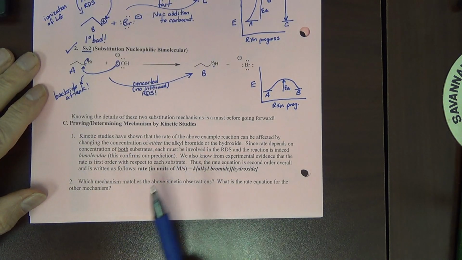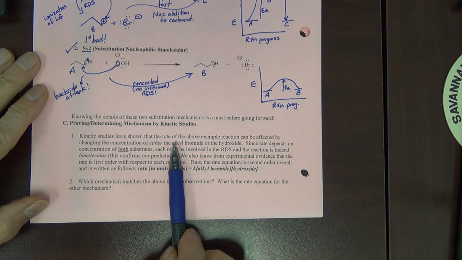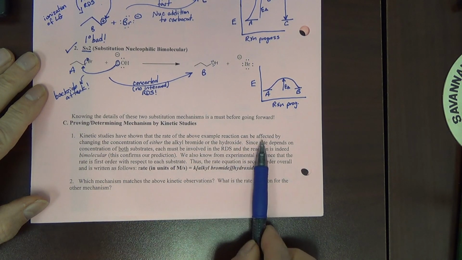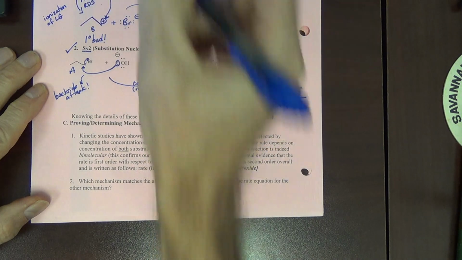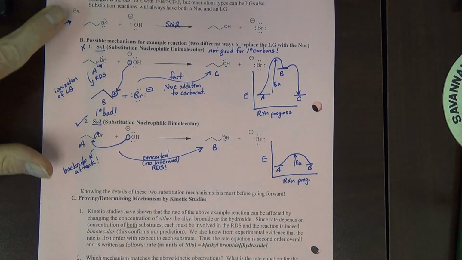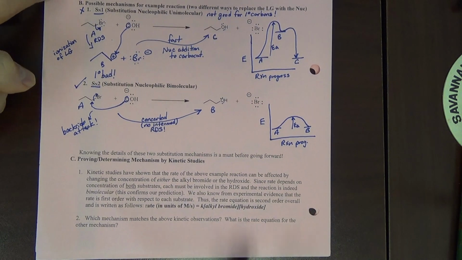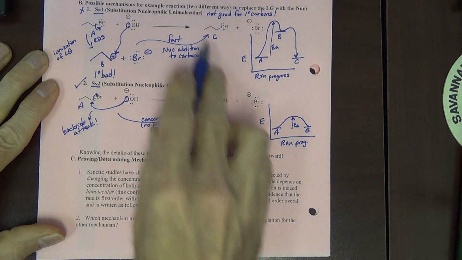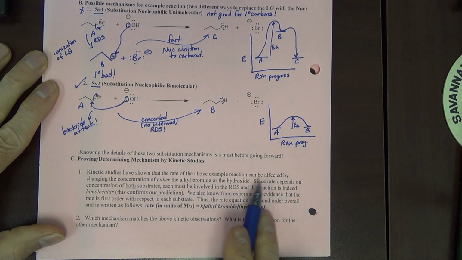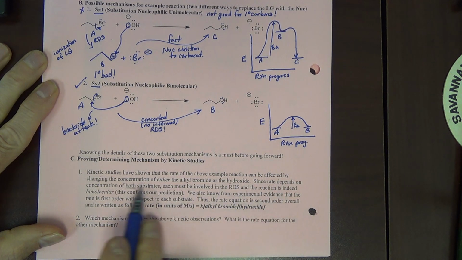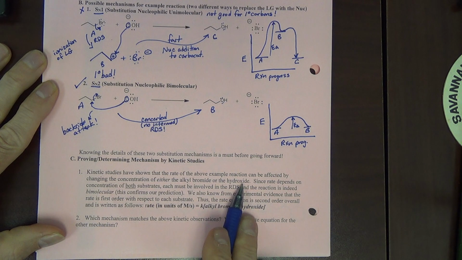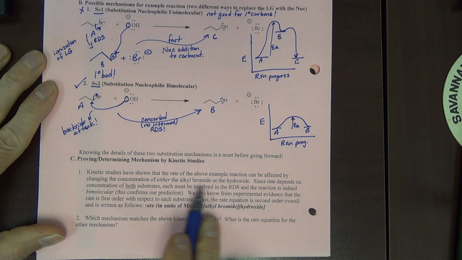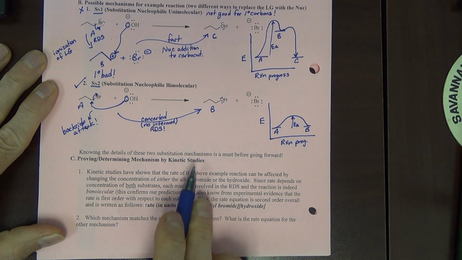Kinetic studies have shown that the rate of the above reaction can be affected by changing the concentration of either the alkyl bromide or the hydroxide. You change the concentration of either one, you change the rate of the reaction.